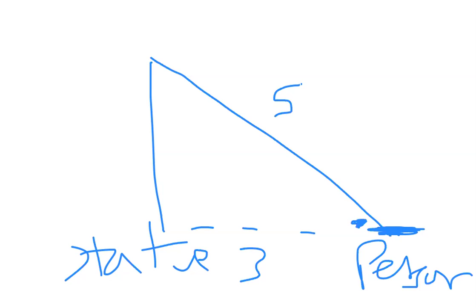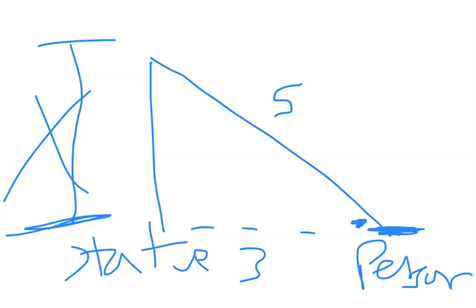And we want to know the vertical distance between the top of the statue and the person's head. So we don't know this. Now this is a classic right triangle, and we know two sides. There are multiple ways, but in this case, the Pythagorean theorem, which is a squared plus b squared equals c squared.